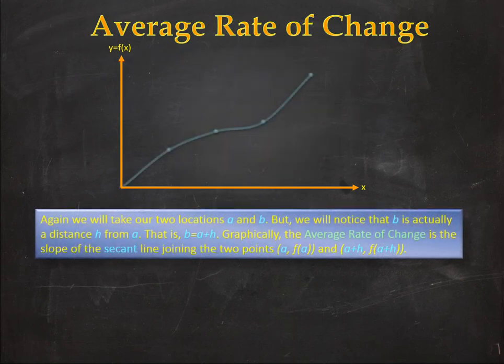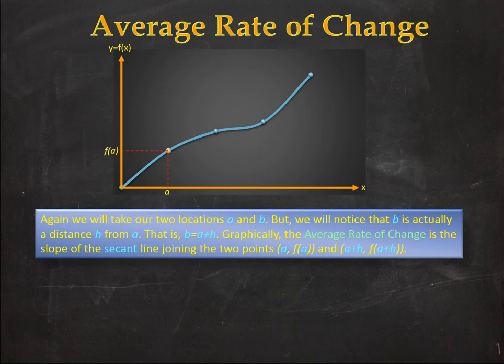So I'm going to have my same graph, and I'm going to basically talk about a being my first point of really interest. So a, f of a is going to be my anchor point. Now, let me just graph that there for you, a and f of a. Now my other point b, rather than calling it b, all I want to know is how far b is from a.